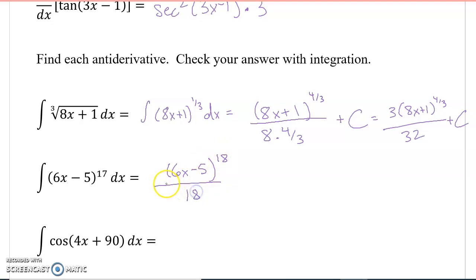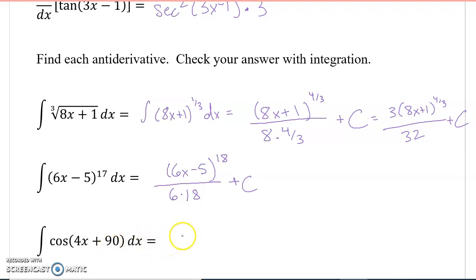That's the inverse power rule. And then we also have to divide by the derivative of the argument, so divide by 6. Remember, that's going to help us when we try to check with differentiation, right? When we take the derivative, the 18 will cancel out because of the power rule, and the 6 will cancel out because of the chain rule. And then lastly, we have a trig example.